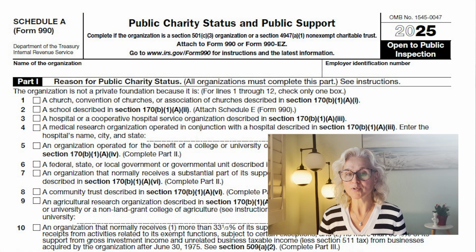Today, we're moving into another area of Form 990, which is very confusing and complex, but extremely important from the governance and planning perspective for nonprofits. That topic is the public support test, which is reported on Schedule A of Form 990.